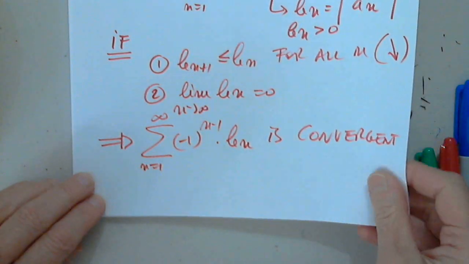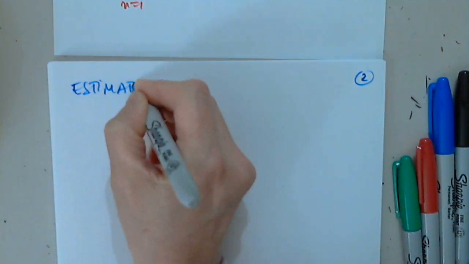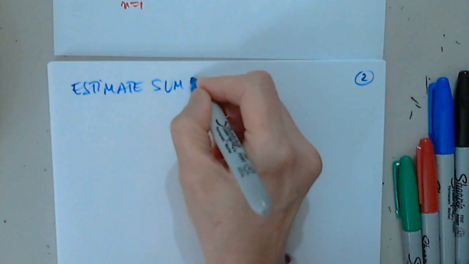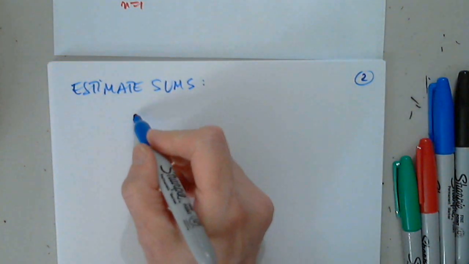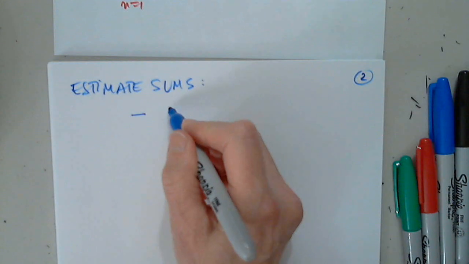Now, it's easier in this situation to estimate the sum. So to estimate sums, first of all, we have to make sure that the series is convergent.